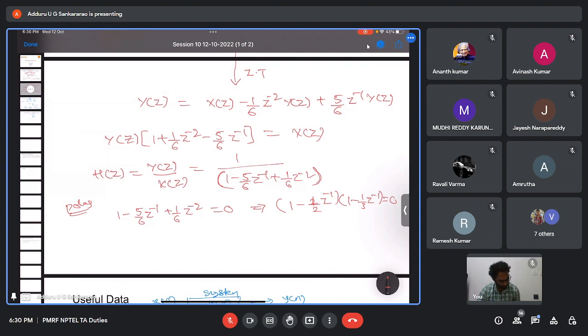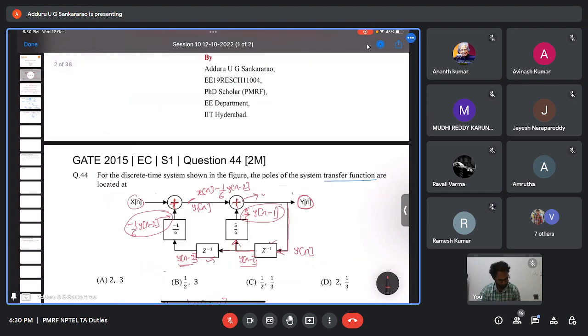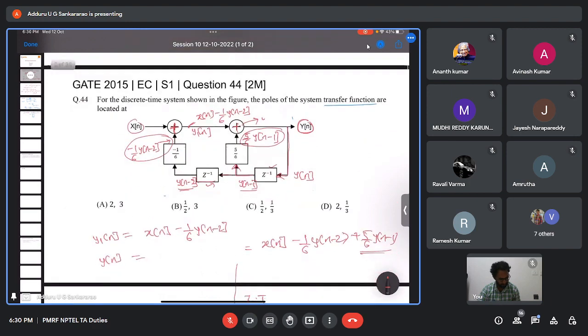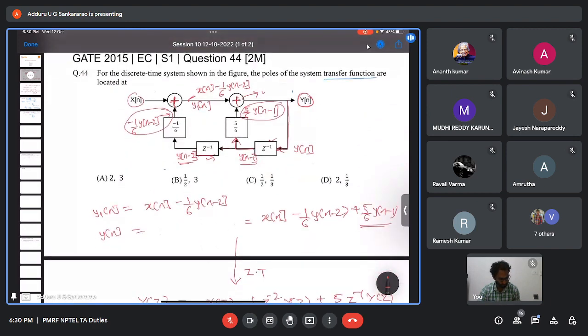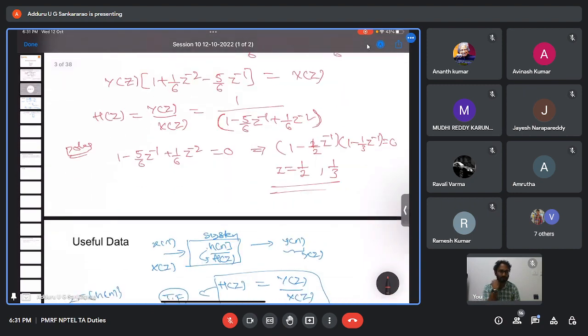So if we equate to 0, so z equal to 1 by 2 and 1 by 3 you will get. So these are the poles for this. So option C is the correct option. 1 by 2 and 1 by 3 are the poles. Is that okay?